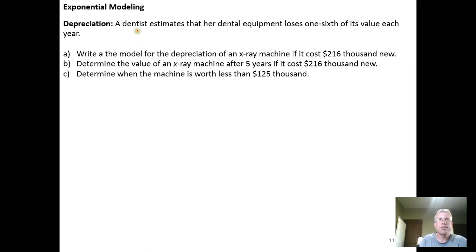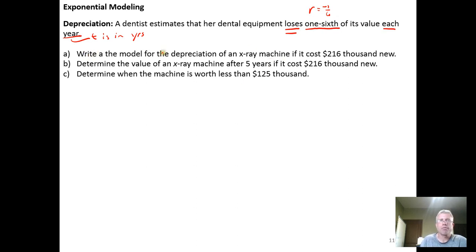We have a dentist who estimates that her dental equipment loses 1/6 of its value each year. So our time increments are years. T is in years. And our rate, r, is 1/6, except we're losing value, so it's actually negative 1/6.